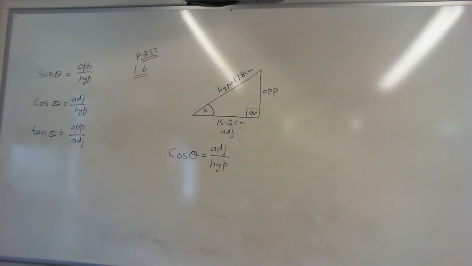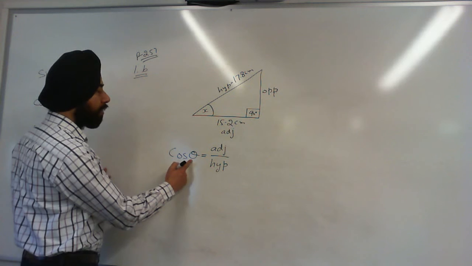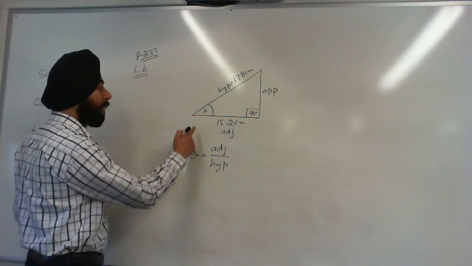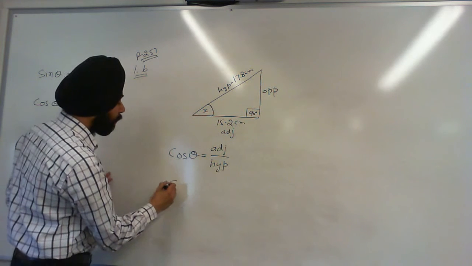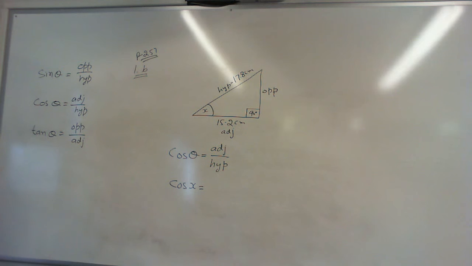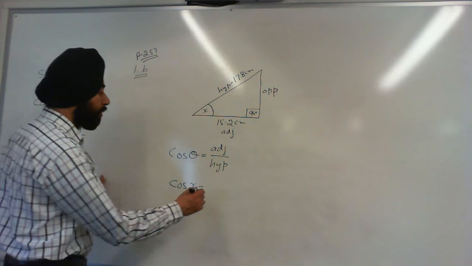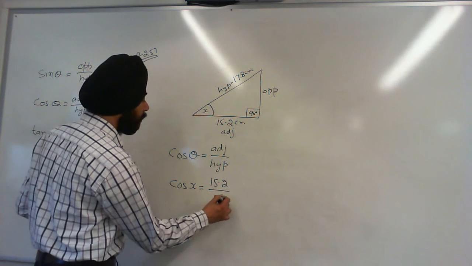And then enter the values. Whatever you know, just enter that into this formula. If you don't know the value of theta, you still put x for that, because that's what we have to find. So this formula becomes cos x is equal to adjacent 15.2 centimeters and hypotenuse 17.8 centimeters.